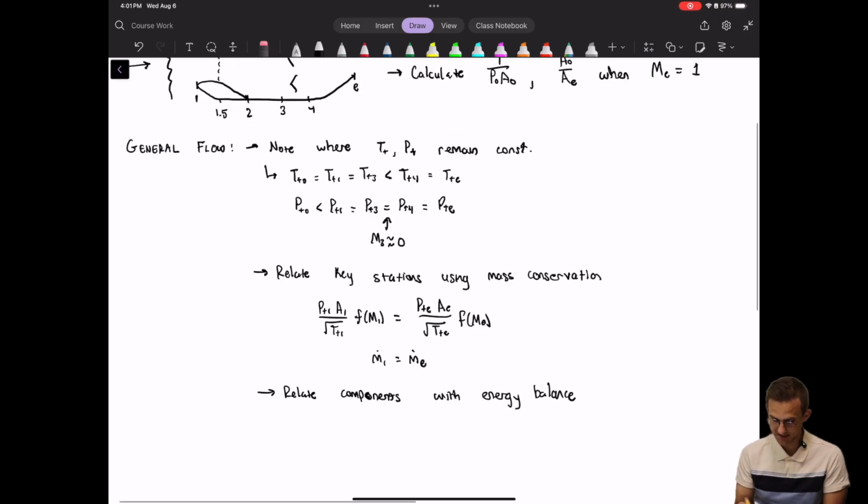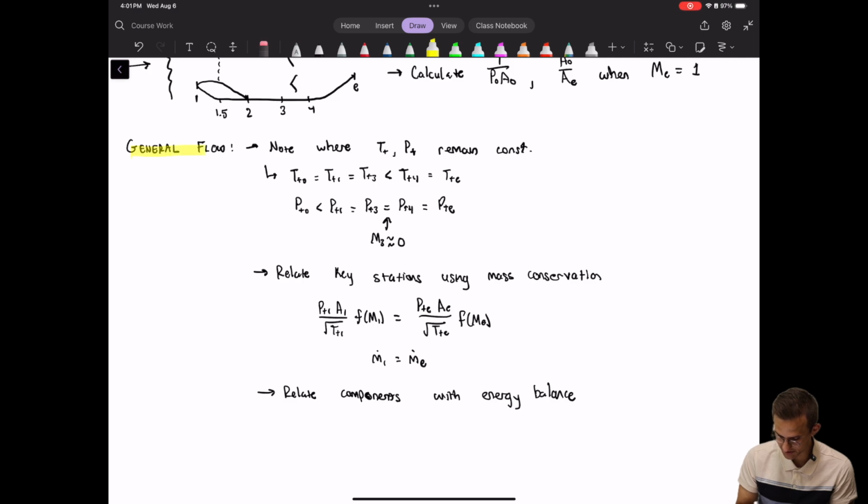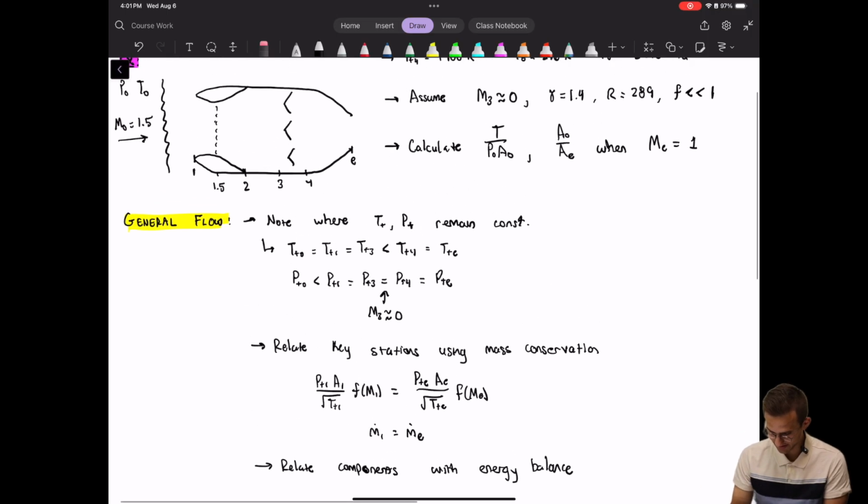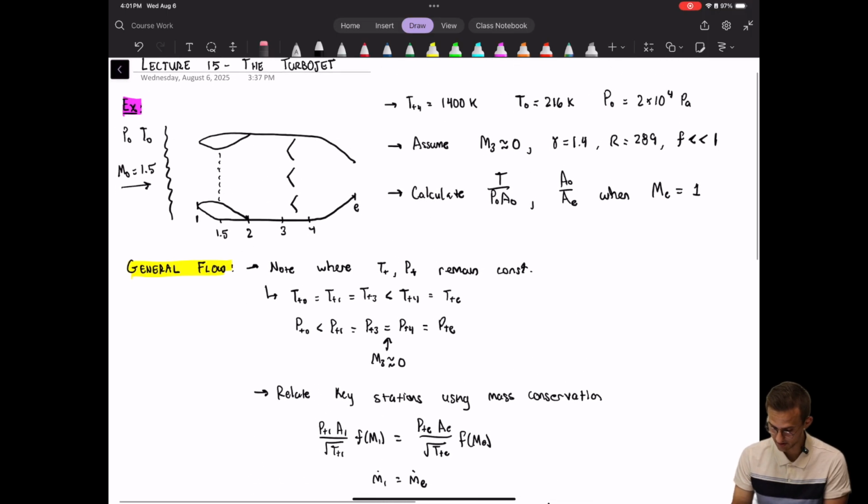Okay, so just keep that in mind. This right here, you can think of as your general flow. And if you follow these steps, you'll at least get a good start on just about any problem that involves these propulsion schemes. Okay, so let's go ahead and actually do this problem here that we have set up.